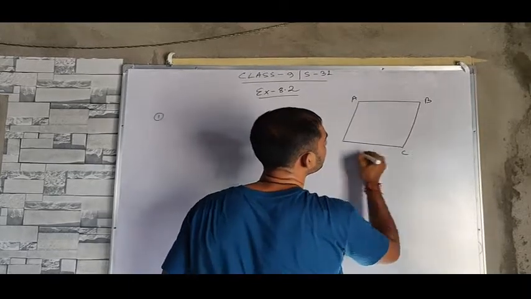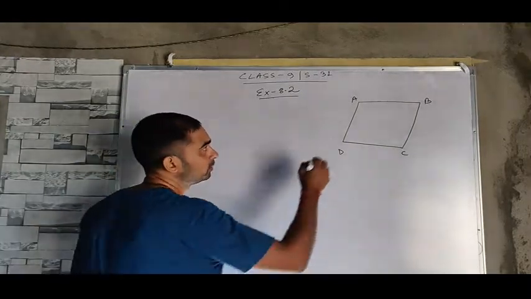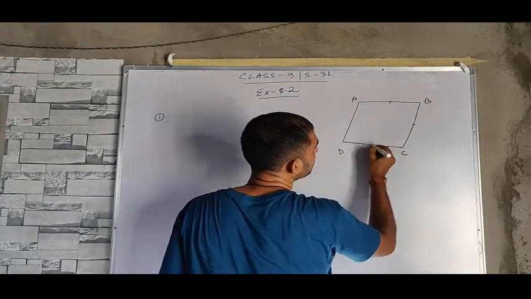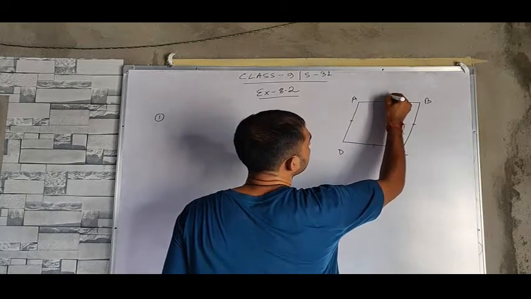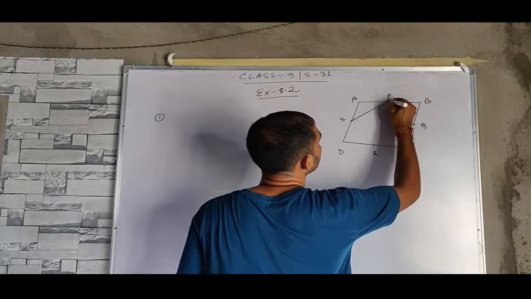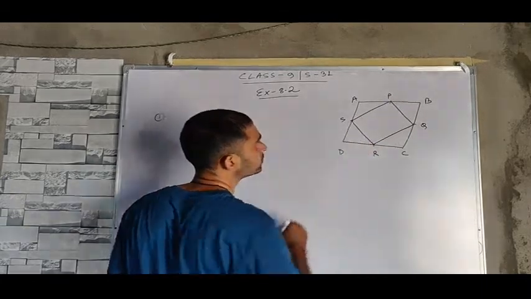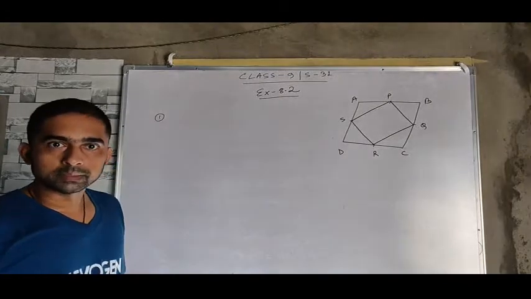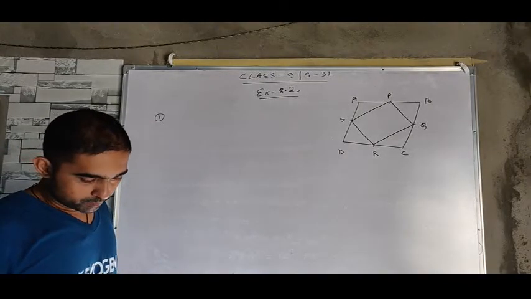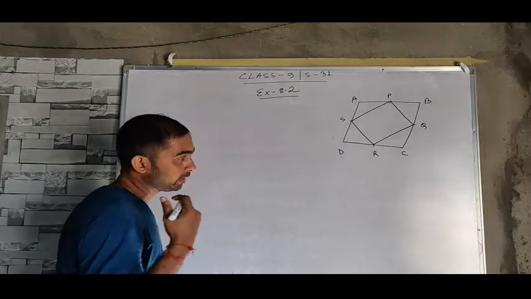ABCD is a parallelogram where P, Q, R and S are the midpoints of the sides AB, BC, CD and DA. Prove that SR is parallel to AC.